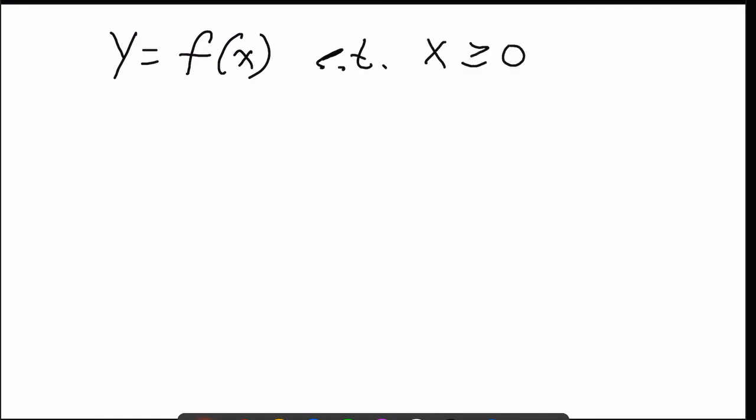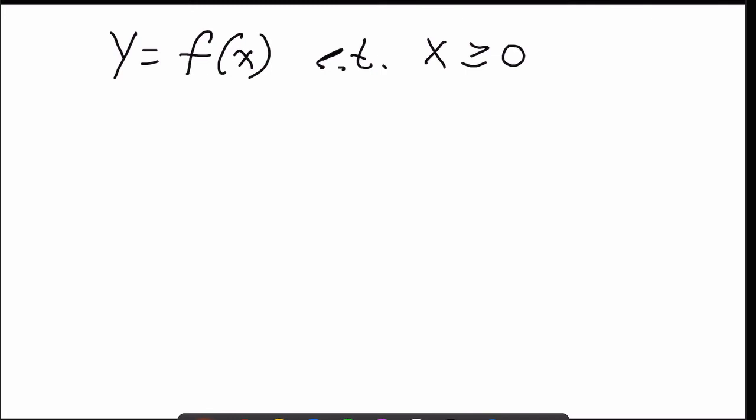The simplest version of nonlinear programming is to say that we have y as a function of x, subject to x is greater than or equal to 0. Okay? This is the simplest version of these things.